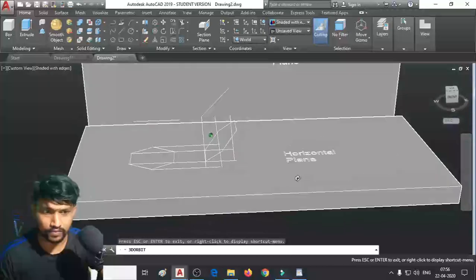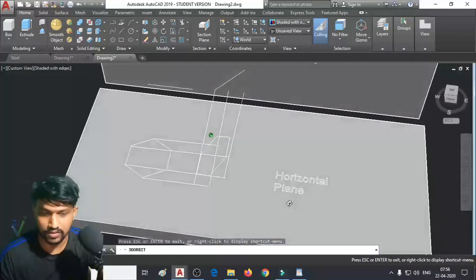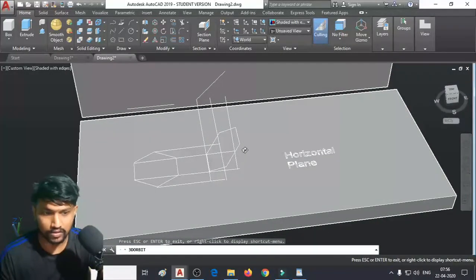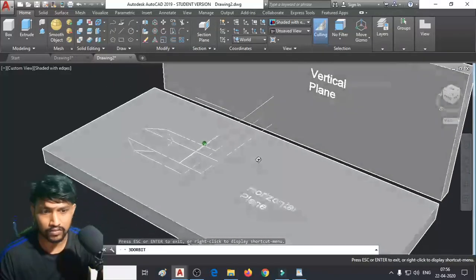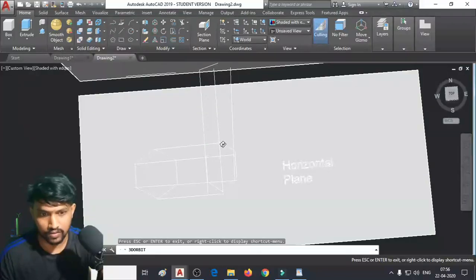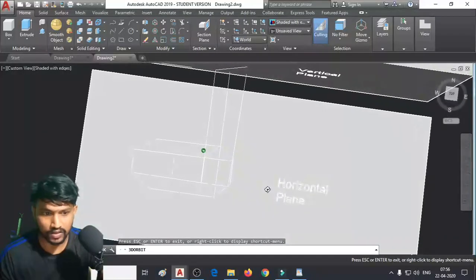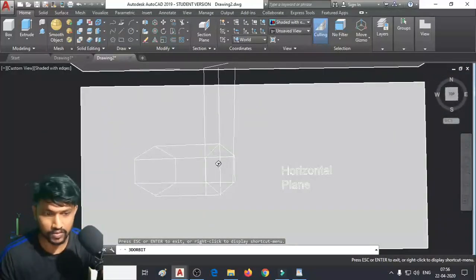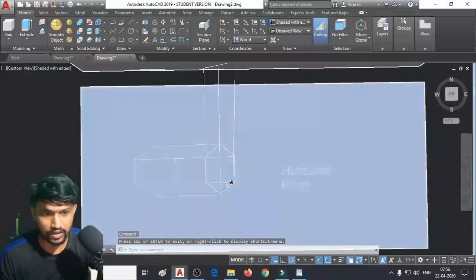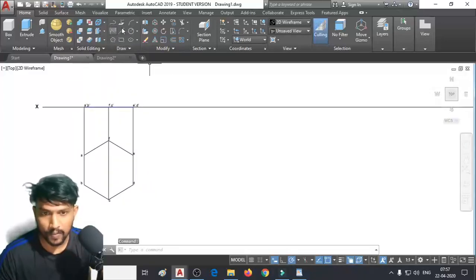I think you guys are getting my point. Why am I drawing these projections? Why do we need to draw these lines? From these points we will draw horizontal lines. From this particular line we will draw these vertical lines, so that they will all represent the actual object. So when we do the projections, we should get a hexagon like this. It is not a perfect hexagon since it is inclined. It will be like that.